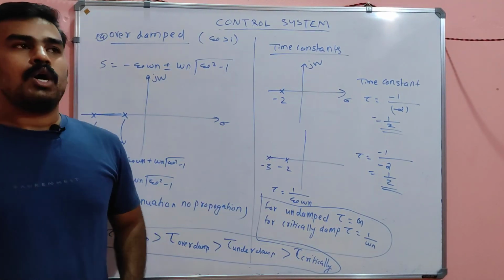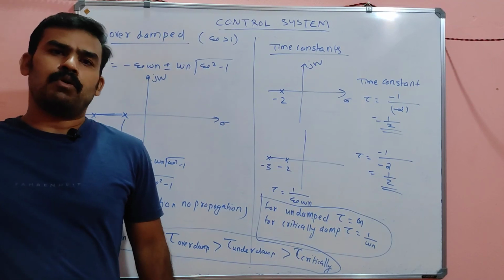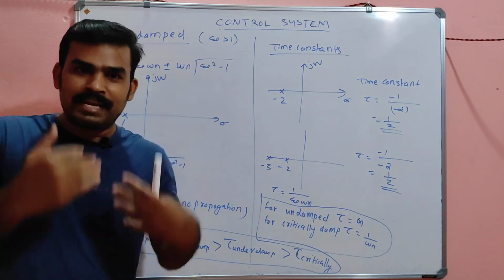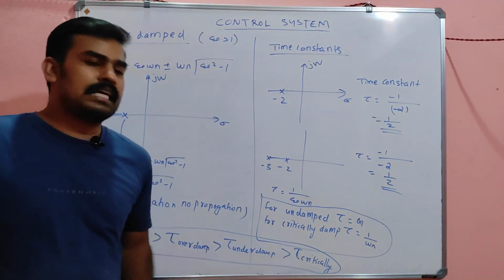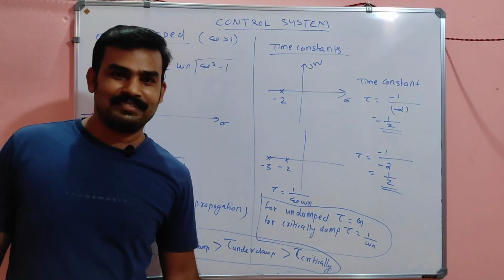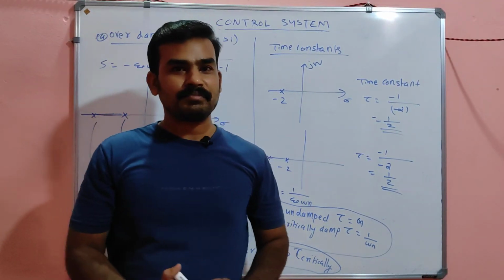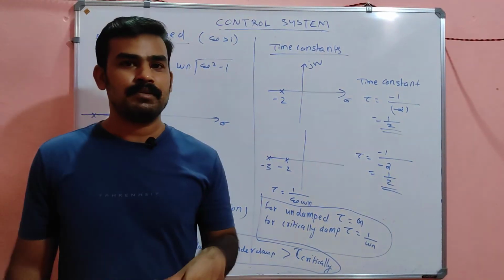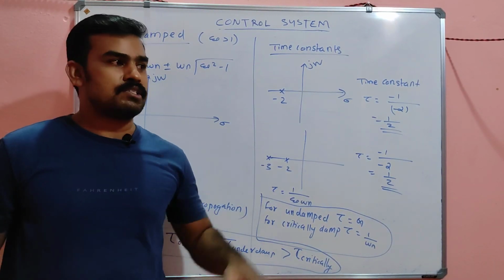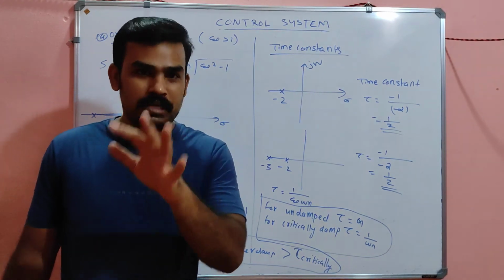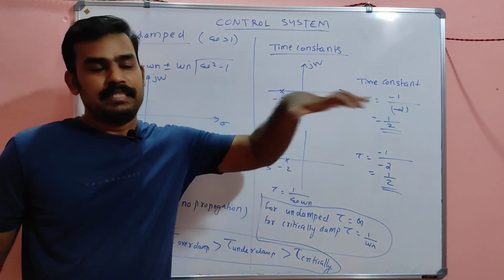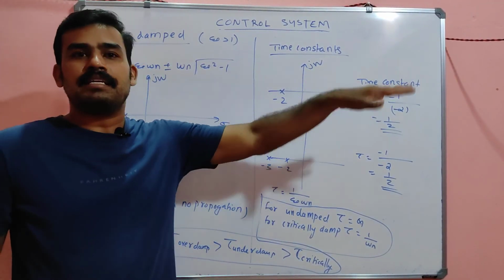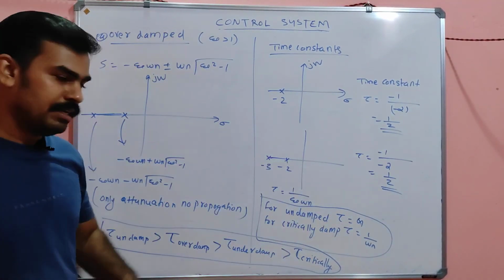Overdamped means some damping will be there always, so it has more time constant. Next is underdamped. For underdamped also there will be damping. For critically damped theta is equal to 1. So the order will be always what? Undamped system: it is not damping, so it has more time constant. Overdamped also takes much time to settle down.